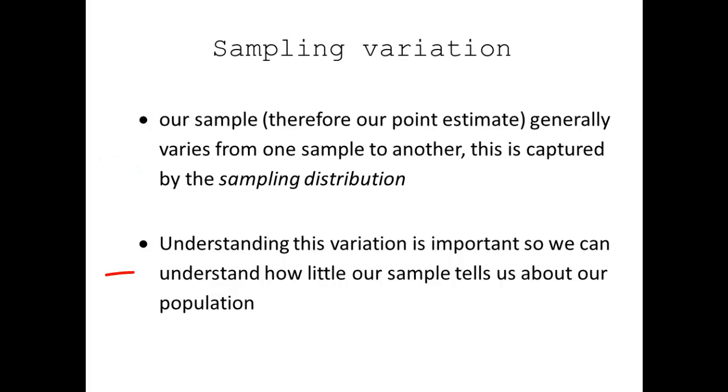And we wish to understand this variation so we can understand the uncertainty of our estimate of the population parameter, or how little our particular sample can tell us about our population. How far away could we be from the true value? It is really about quantifying the uncertainty. That's useful because it helps prevent us from making fools of ourselves, making proclamations about a population parameter that is just due to sampling variation.